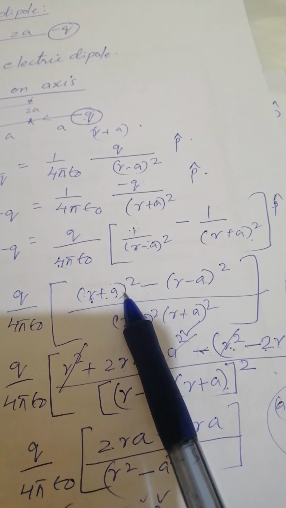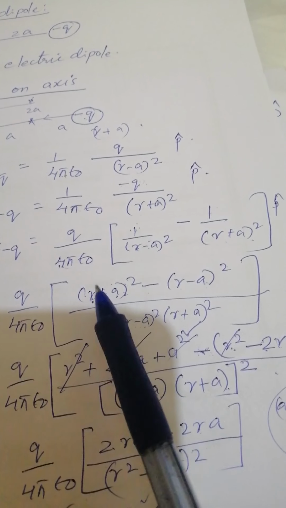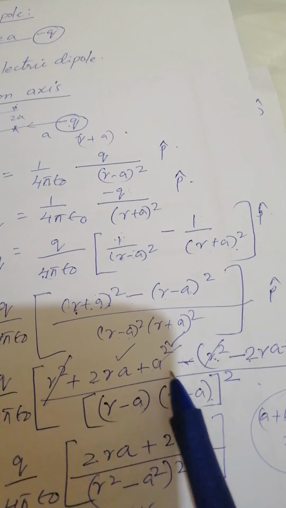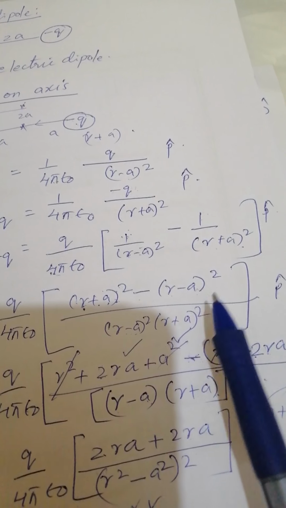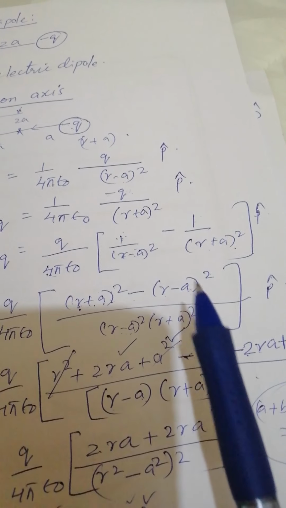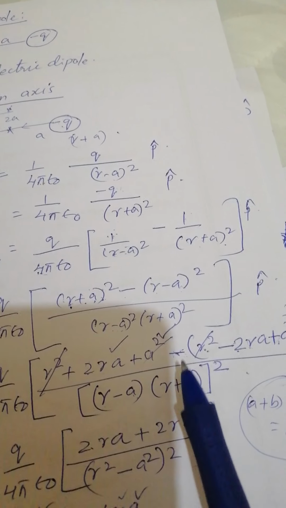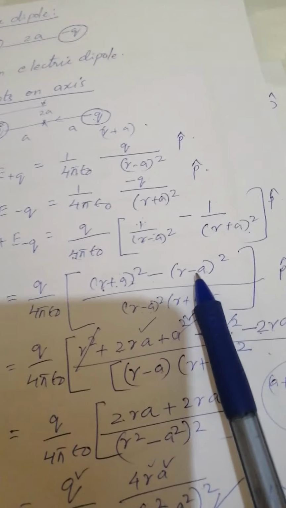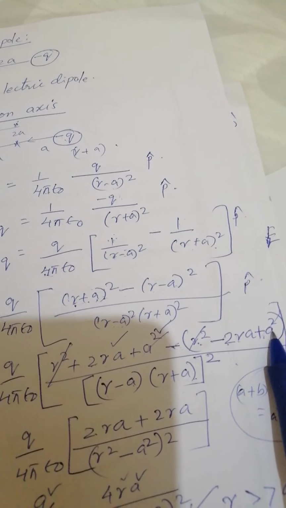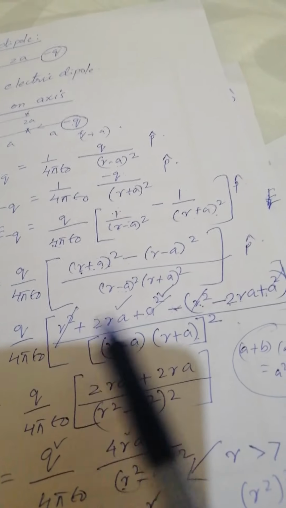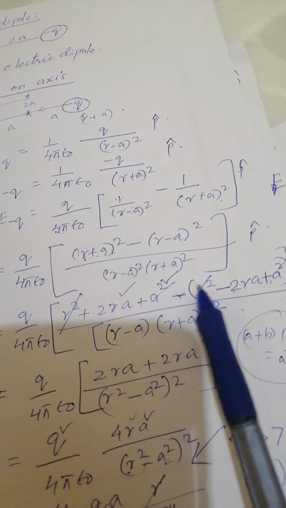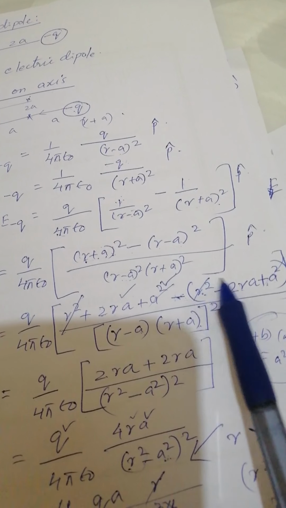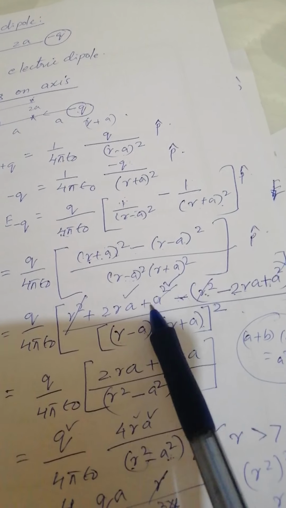This is like the a plus b whole square form, which is a square plus 2ab plus b square, that is r square plus 2ra plus a square, minus the a minus b whole square form, a square minus 2ab plus b square, that is r square minus 2ra plus a square. The r square terms cancel. The 2ra and minus of minus 2ra, that is plus 2ra, add up.